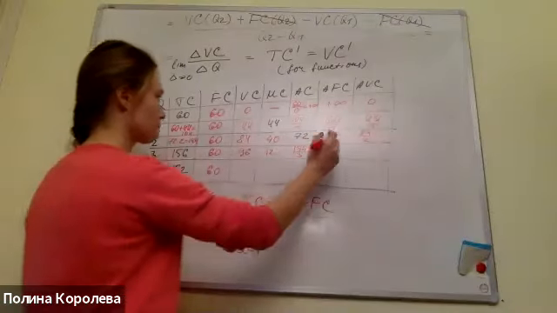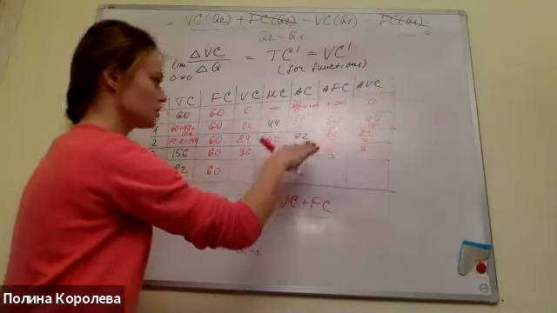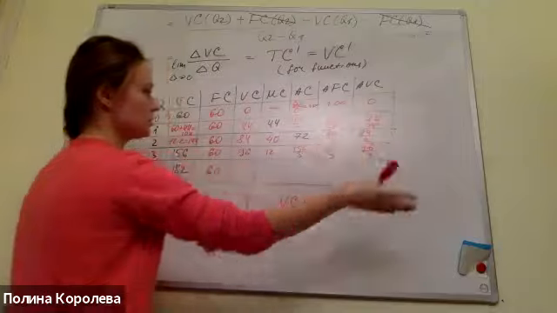Then average cost is 156 divided by 3, which is 52. Okay, here 96 over 3 because that's all average.